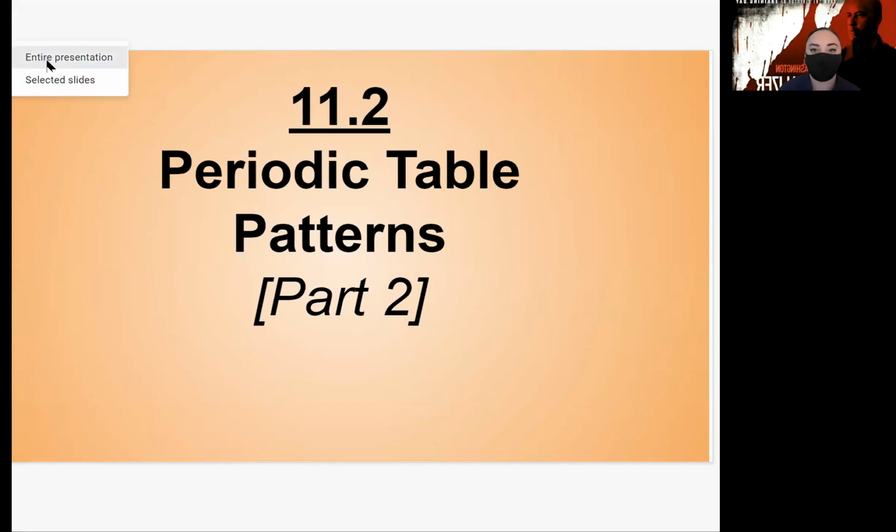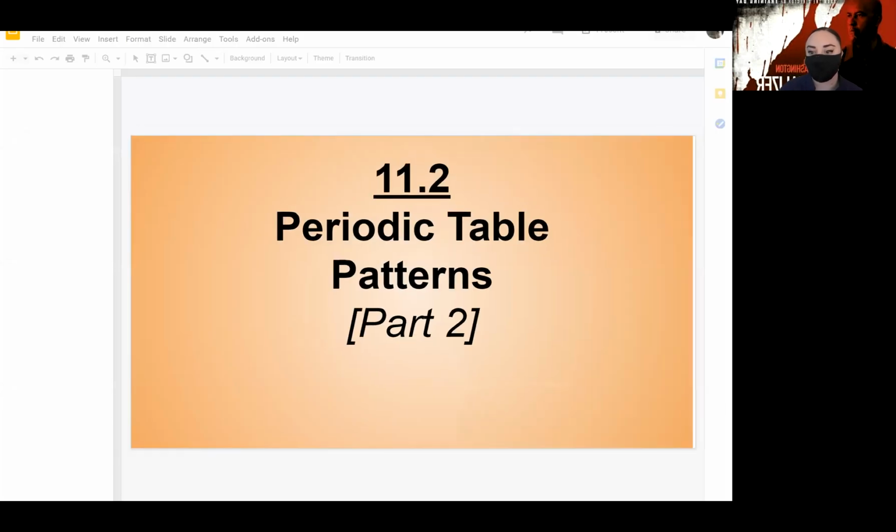So we're going to start by going over this. Again, this was your homework assignment last week, and you are going to help me sort the cards the way that they should be sorted.